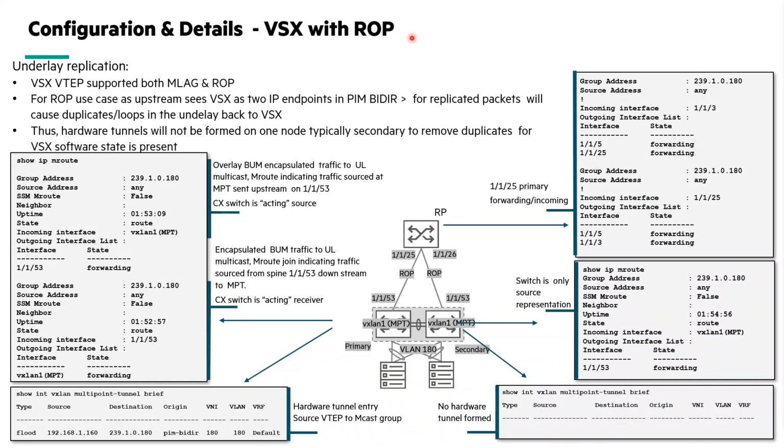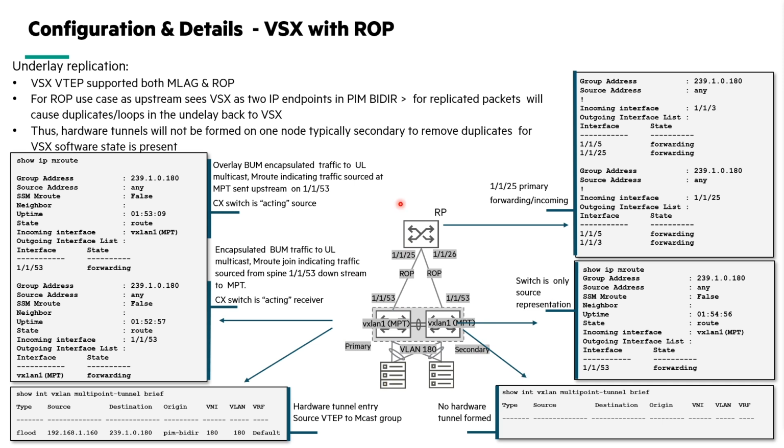Next, I want to cover VSX VTEPs with ROP. So when we're using underlay replication, VSX VTEPs support both multi-chassis LAG and ROPs. With the multi-chassis, you'd have SVIs configured, but we're just going to focus on the ROP configuration. So we have a spine here, just a segment of network, and one VSX VTEP shown here for simplicity.